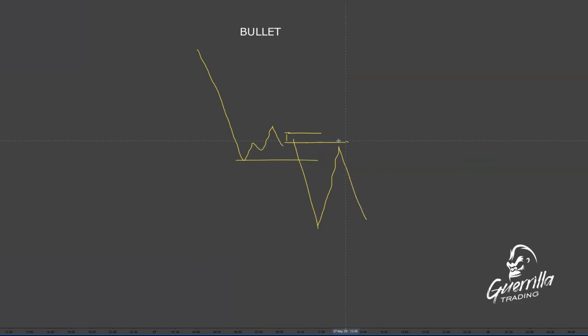Okay, again, understanding this is just a revised version. You can trade any of these versions of the bullet, right? All it is that I've done so much backtesting that it benefits me to trade this way. Now, what I want everyone to do is to go back and backtest all three versions and work out which version suits you.